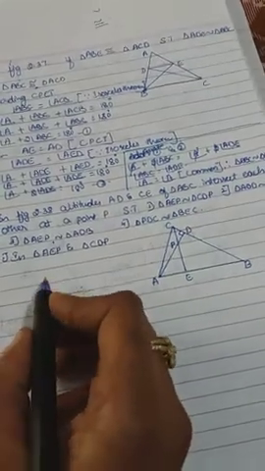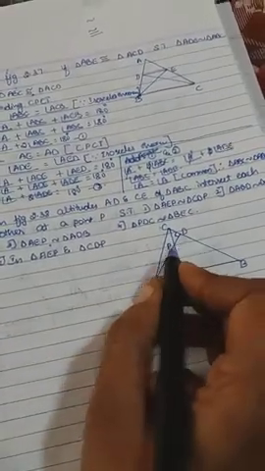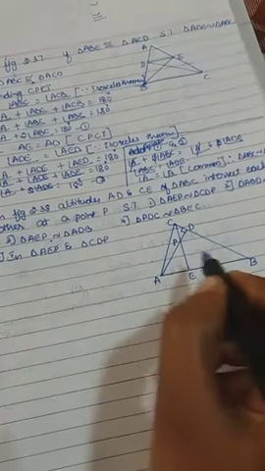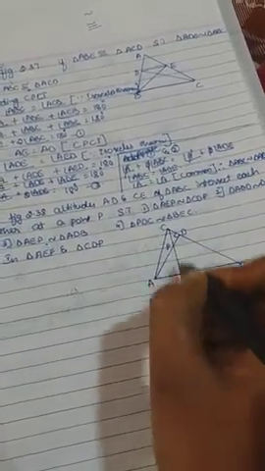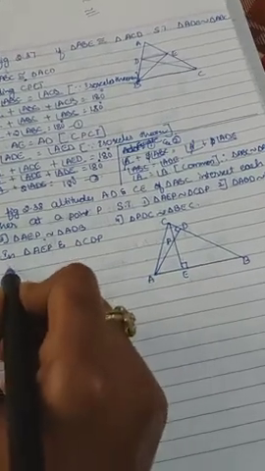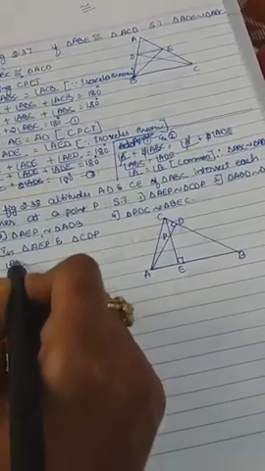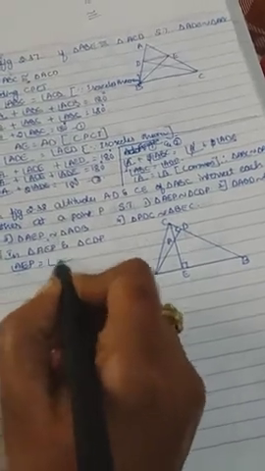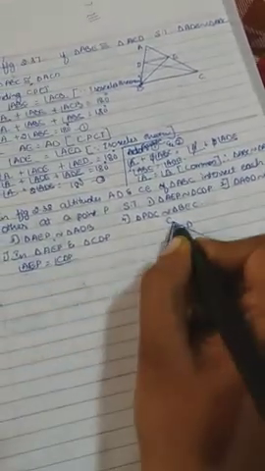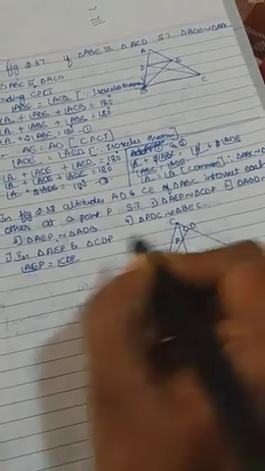Here we can get a 90 degree angle at E, because it is mentioned that AEP is a right angle triangle. Angle AEP equals angle CDP. You can see here the right angle symbol.